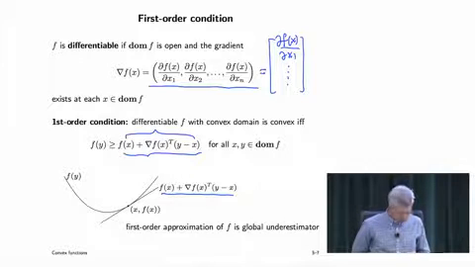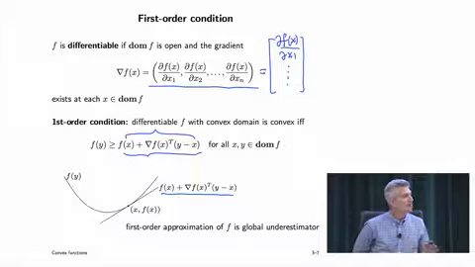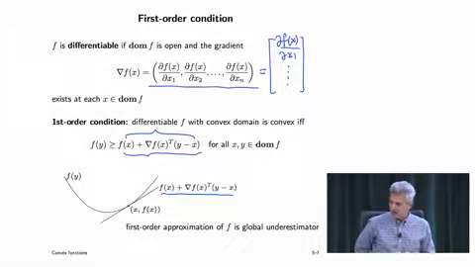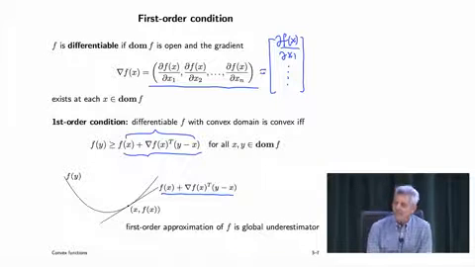It basically says the function is bigger everywhere, globally, than the first order Taylor expansion. And so this is your first hint that what you are seeing is not calculus. It's some weird, global, asymmetric thing. We have a different animal here.